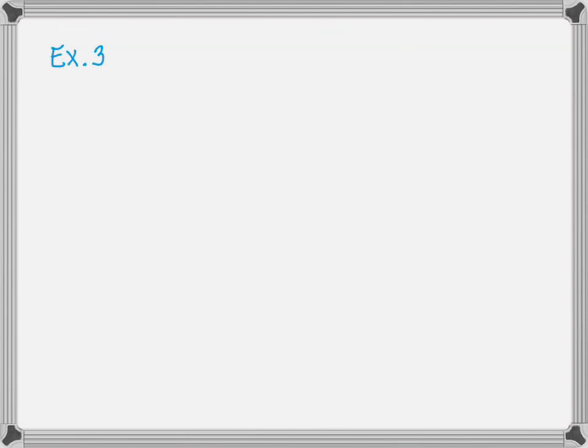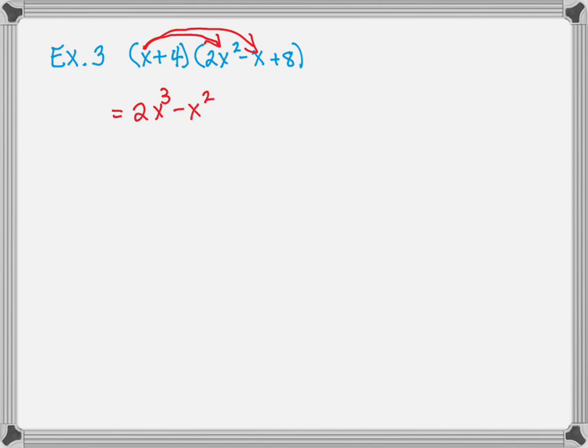Let's look at one more example, one where we are multiplying. Here we're going to multiply x plus 4 times 2x squared minus x plus 8. So when we are multiplying, we are going to distribute. So I'm going to multiply the x times 2x squared, and I'll get 2x cubed. x times negative x is negative x squared. x times 8, positive 8x.